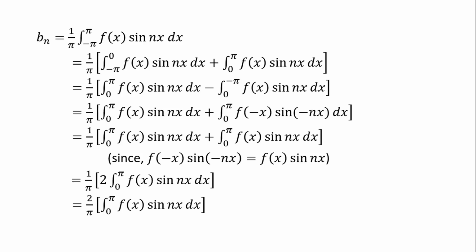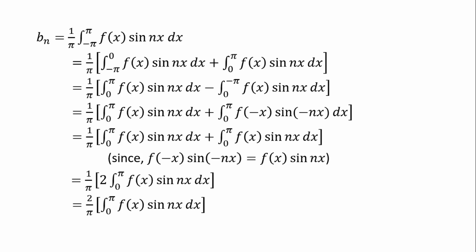After evaluation we find that only the Fourier coefficient Bn exists, while a0 and an both become 0.